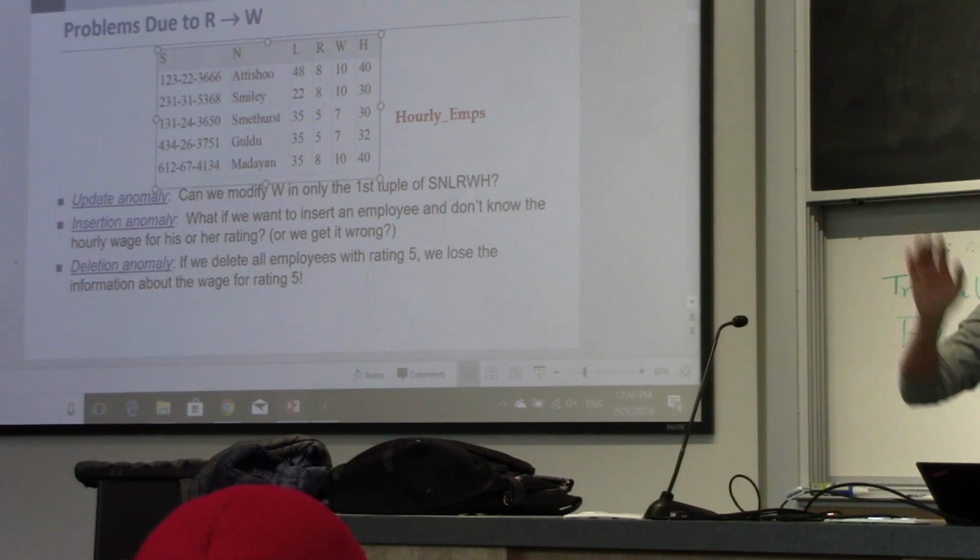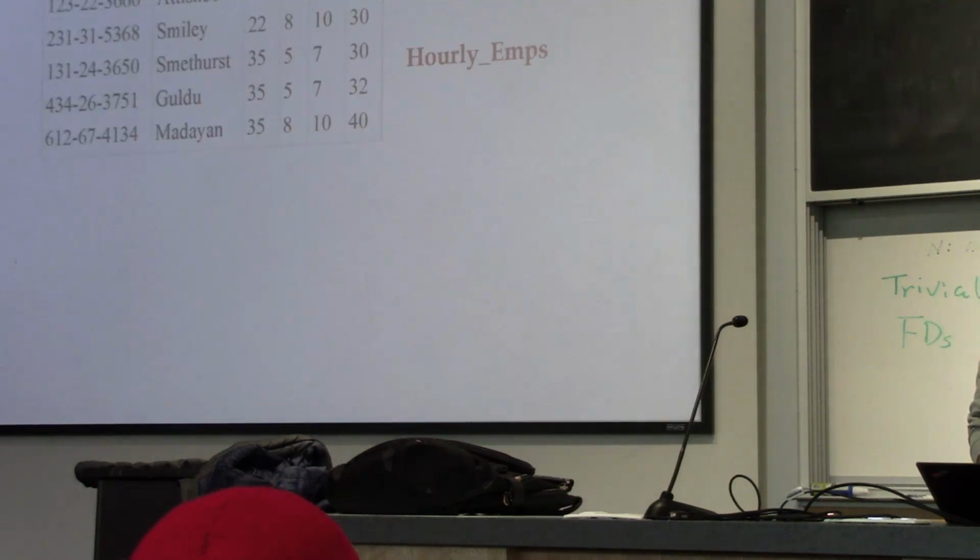Okay, let's just imagine in your mind. On this particular case, is it okay for me to do the following: I change those two records with rating equal to 5 and change the hourly wage, currently 7 for those two records. I change them to 10. Is that okay? How many of you think that's okay? How many think that's not okay?